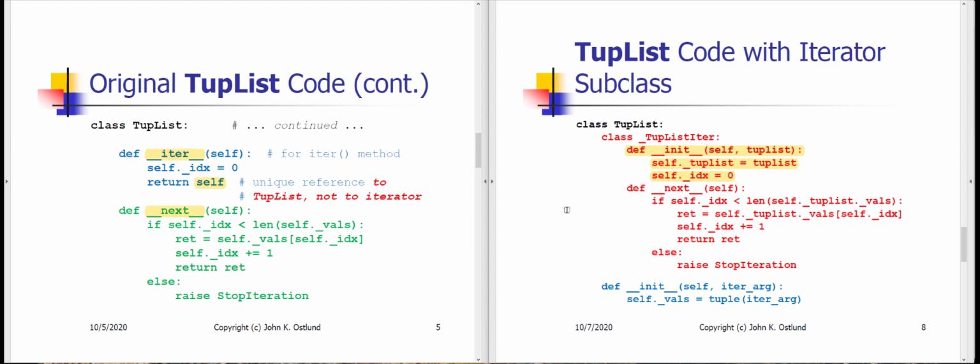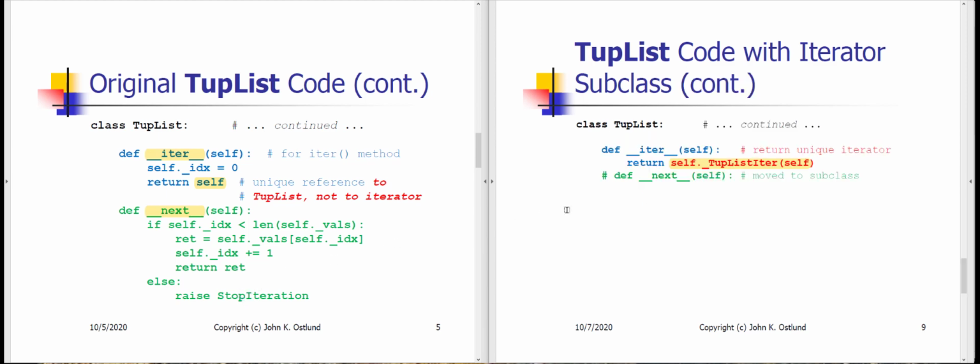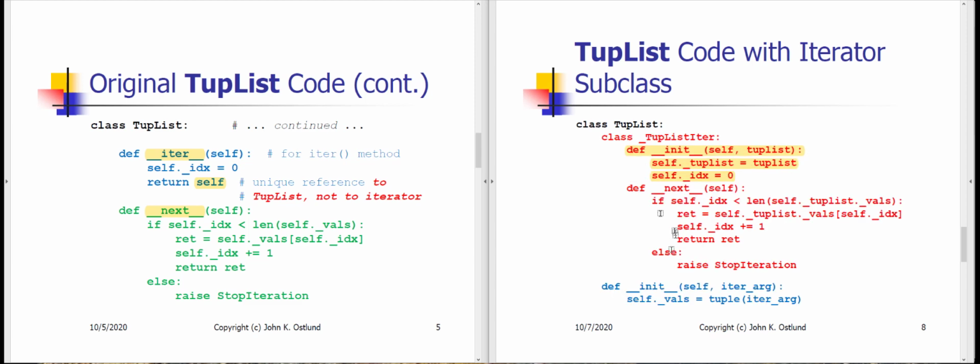In the new code, the dunder next function is no longer part of the TupList class itself. It's been moved down into the iterator subclass, the TupList iterator, the TupList iter subclass.